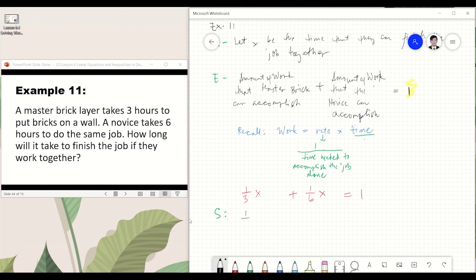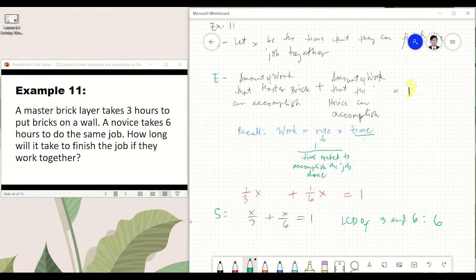So, when you work with coefficients with fraction, ganito na lang. Pwede natin siya isulat as x/3 kasi 1 times x is just x. Then, x/6 is equal to 1. Kung meron tayong mga fractions, like tulad nito, meron tayong denominator sa 3 at 6, hanapin lang natin yung LCD nila. LCD of 3 and 6. Ang LCD ng 3 and 6 is what? That would be 6.